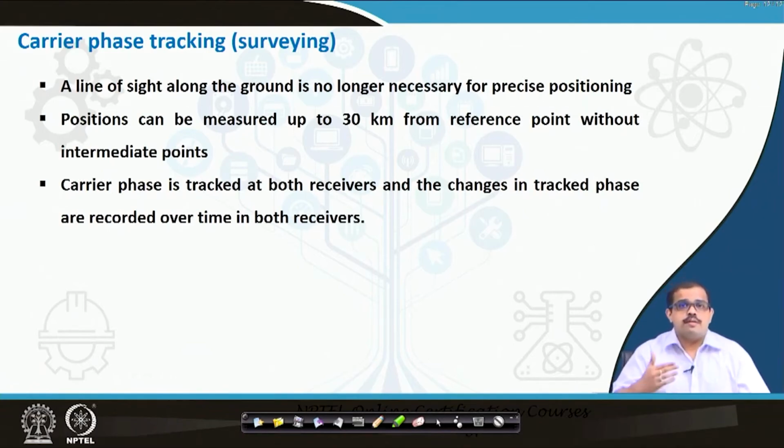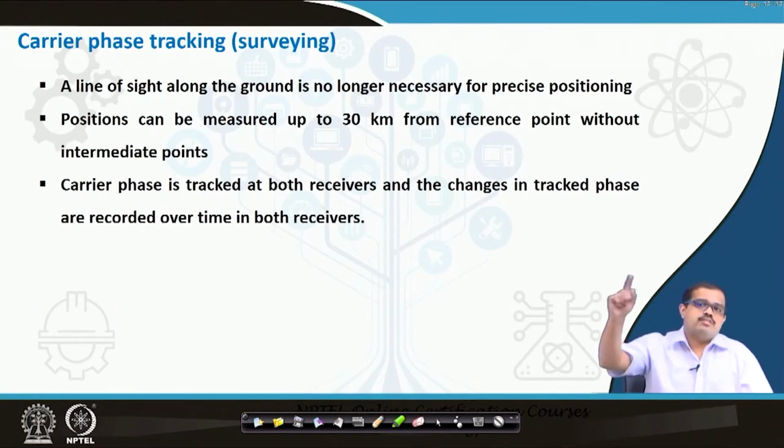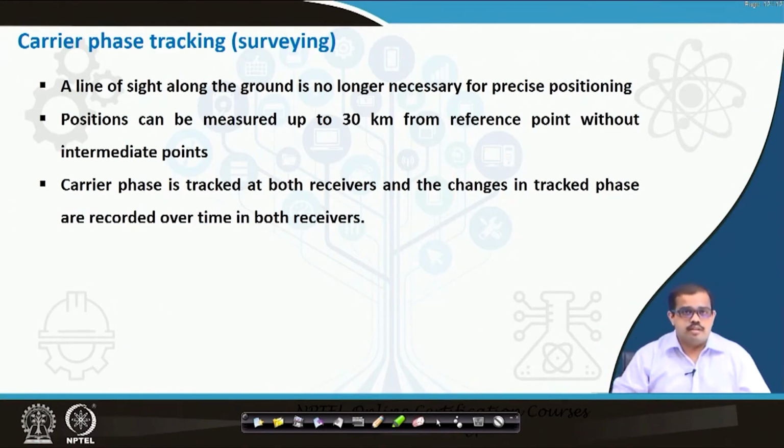Positions can be measured up to 30 kilometers from the reference point without intermediate points. Please keep this in mind. Anywhere on the earth's surface, without having an intermediate point, I can look at the reference point with the measurement of the reference point. I can look at other points to be measured, but you should know the reference point.